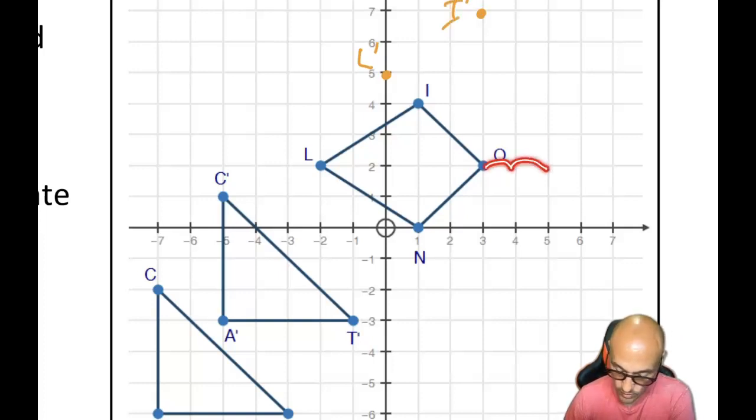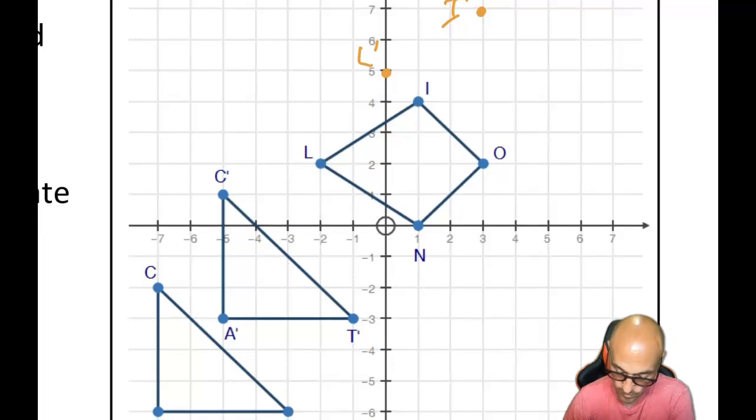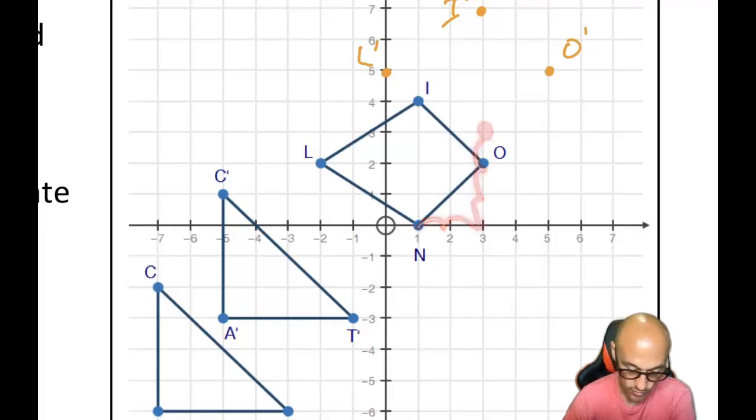O to the right 2, up 3 is going to be right here at 5, 5. That's O prime. N to the right 2, up 3, right here at 3, 3. And that's N prime. Now we're going to connect those.